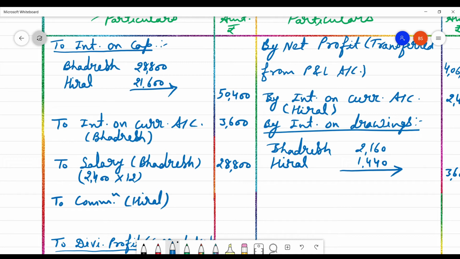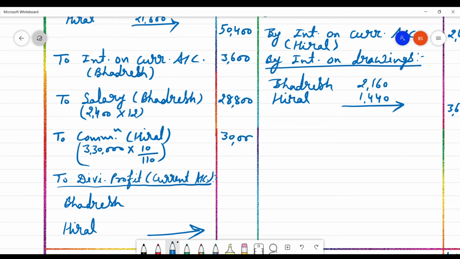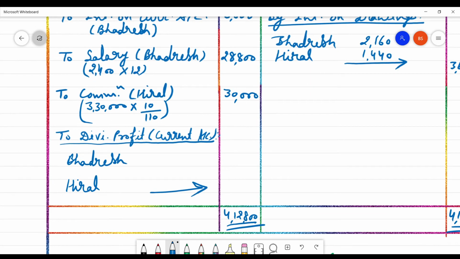The amount is 3,30,000. So commission will be calculated like this: into 10 divided by 110, and it will come 30,000, and 3,30,000 minus 30,000 will become divisible profit and be transferred to the current account.